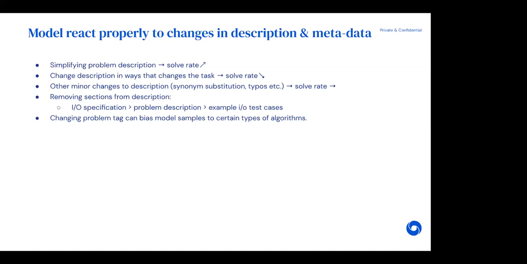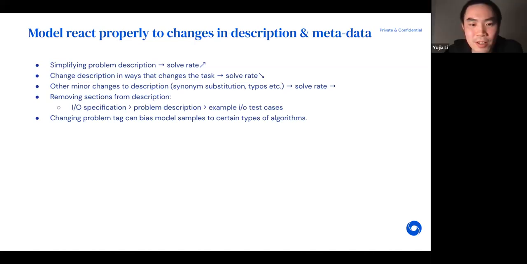Is that something you've considered, if it is very effective? I don't know how much expertise is needed to do this, whether it's easy to do or if it actually requires a significant amount of human effort to simplify the description. I think the challenge is we don't really have a data set of simplified problem descriptions. If we have that data set, maybe we can train a model to do it. Right.